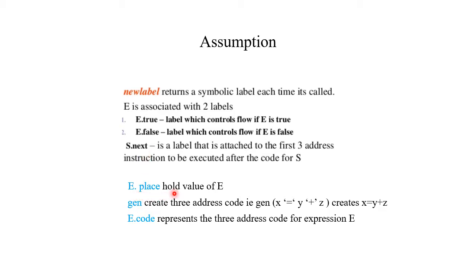E.place is an attribute which holds the current value of E. Gen is a function which creates the three address statement. For example, if gen's argument is x equal to y plus z, we get three address statement x equal to y plus z. E.code represents the three address code for expression E.